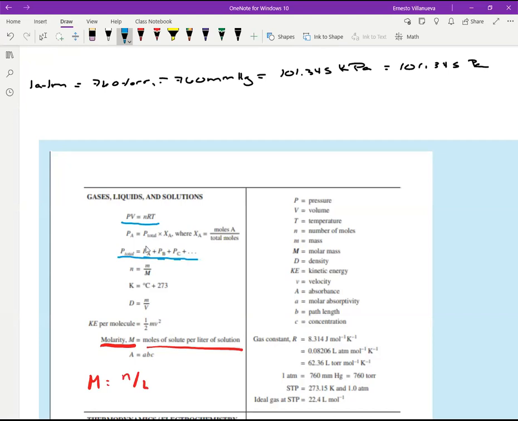So let's say you have a container that has 1 atmosphere of gas 1, 5 atmospheres of gas 2, and 6 atmospheres of gas 3, then the total pressure of the system would be 12 atmospheres. So all you have to do is add up the individual gases' pressures and you get the total pressure of the system. See, and here's your formula for Kelvin. I'm saying it's all here, guys. All right.